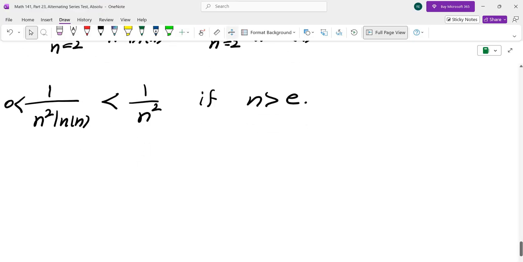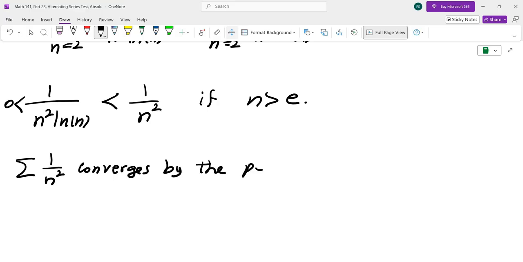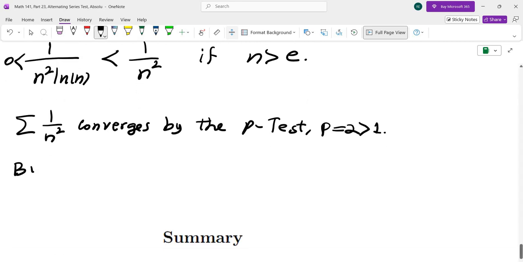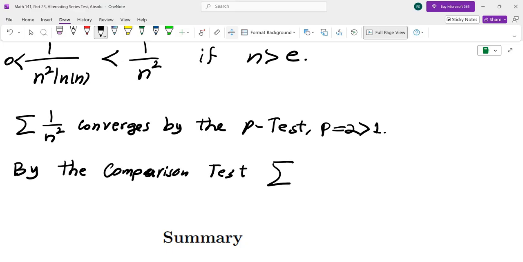So now we can apply p-test, sum of 1 over n squared converges by the p-test because p is 2, which is greater than 1. So by the comparison test, the other one also converges. So by the comparison test, the sum of 1 over n squared natural log of n converges.